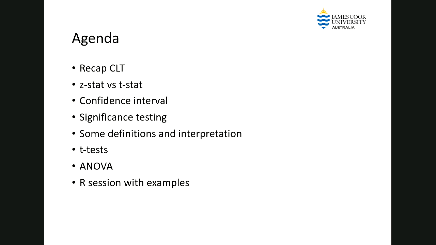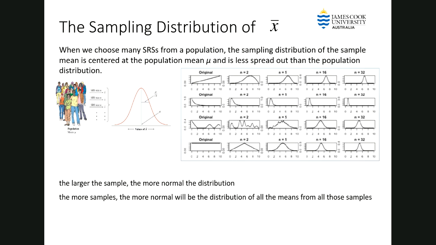So I will recap. First is the central limit theorem, because as I said before, it's one of the key concepts of inferential statistics. We assume something, and based on that assumption, our hypothesis and all our statistical formulas have been developed.